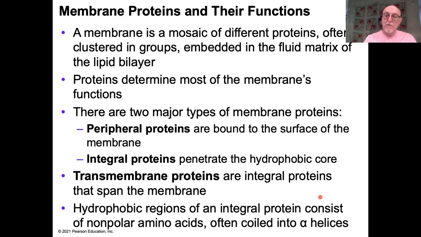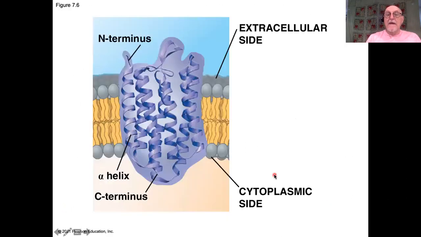And as I explained to you, they have a hydrophobic region here so that they are compatible with the hydrophobic areas of the membrane. They have a hydrophilic area, which is here and here, so that they are compatible with the aqueous medium in which they are embedded.